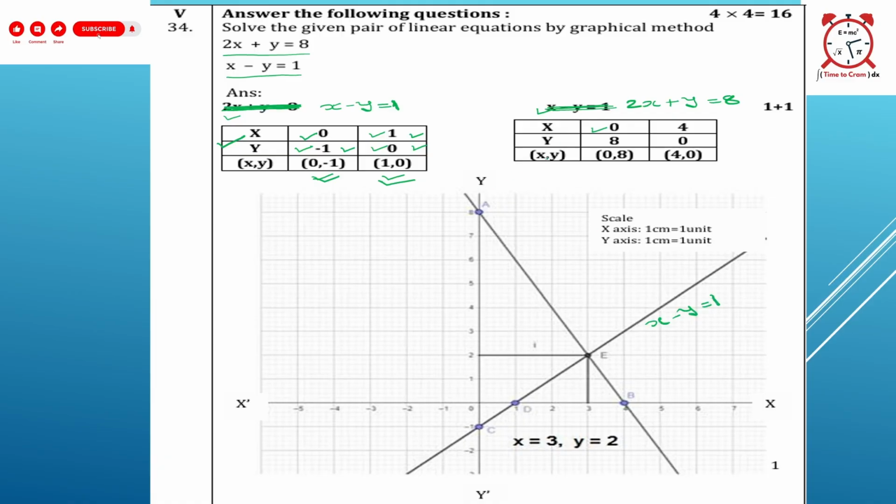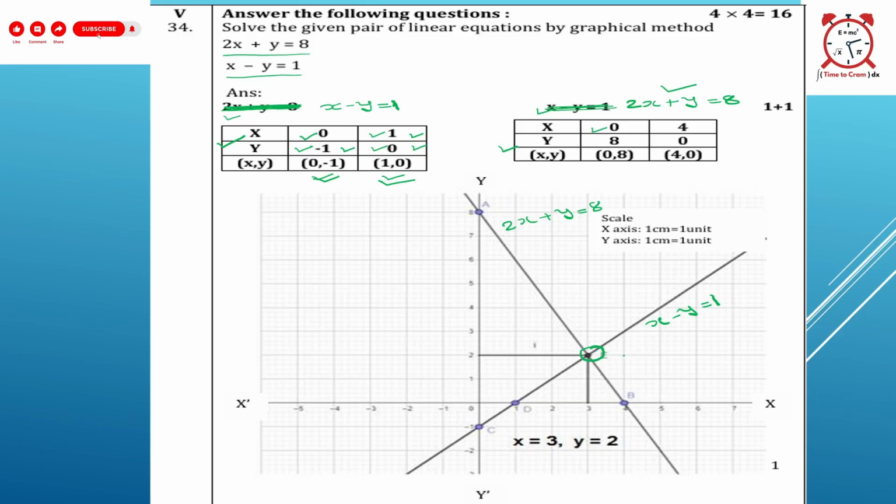Similarly, if we plot the graph of 2x plus y equal to 8, making the solution table, then we will have this line 2x plus y equal to 8. Both the lines intersect at this point, and this is the intersection point of both lines.